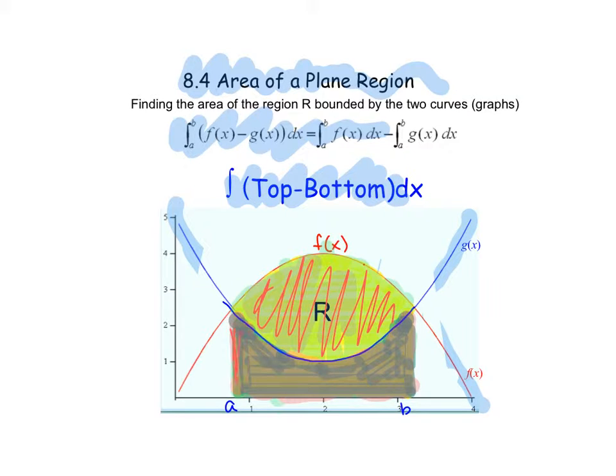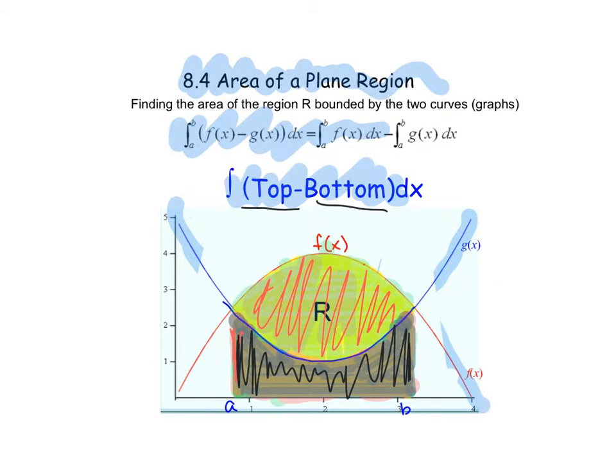All this stuff I'm about to draw in black is the overlapping stuff. So when you subtract these two areas, the overlapping stuff is going to go away. So by doing the integral from the top minus the bottom, you pretty much are getting the region that's not overlapping. So that's how you do it.